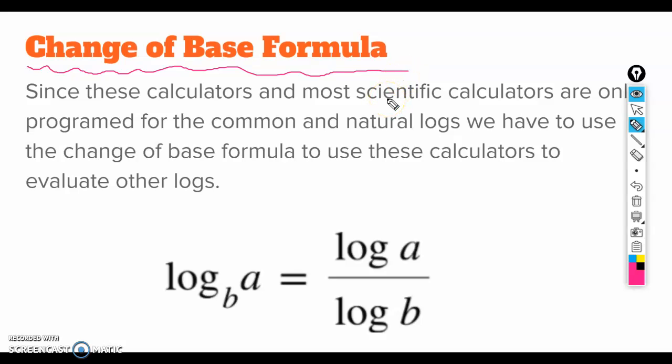The change of base formula allows you to use your phone calculator or any calculator that just has the log base 10 button or the natural log button. You can use either one of them.